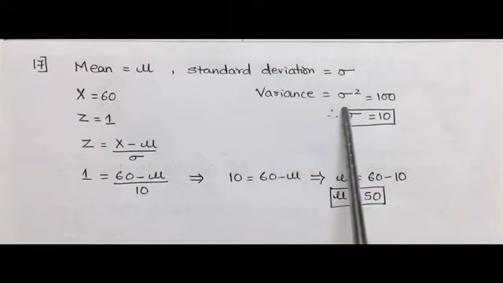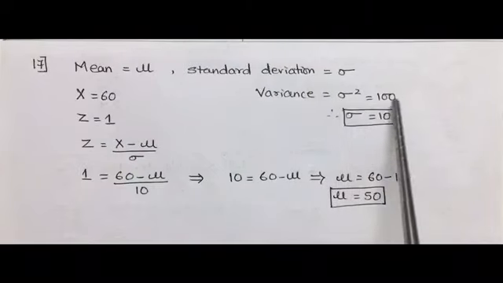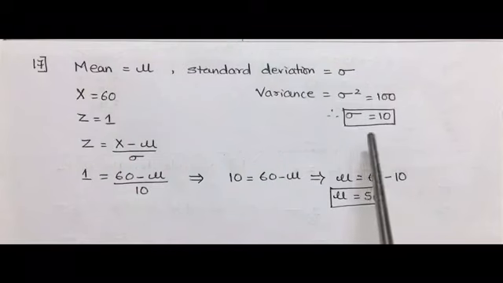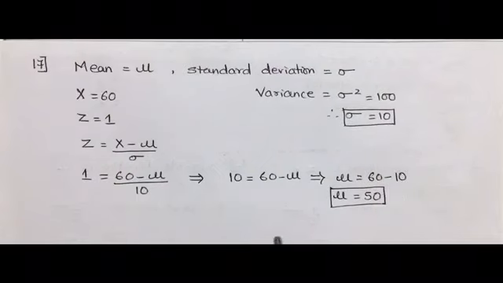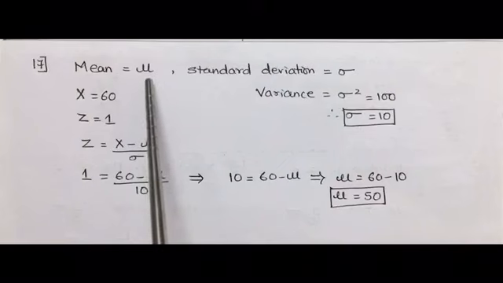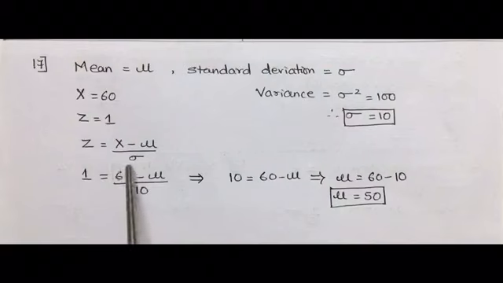Variance means sigma square, that is the square of standard deviation, that is given as 100. So sigma will become equal to 10, that is standard deviation will be 10. We need to calculate the value of mean. Average score means mean. So using the formula of Z, Z is equal to X minus mu upon sigma.